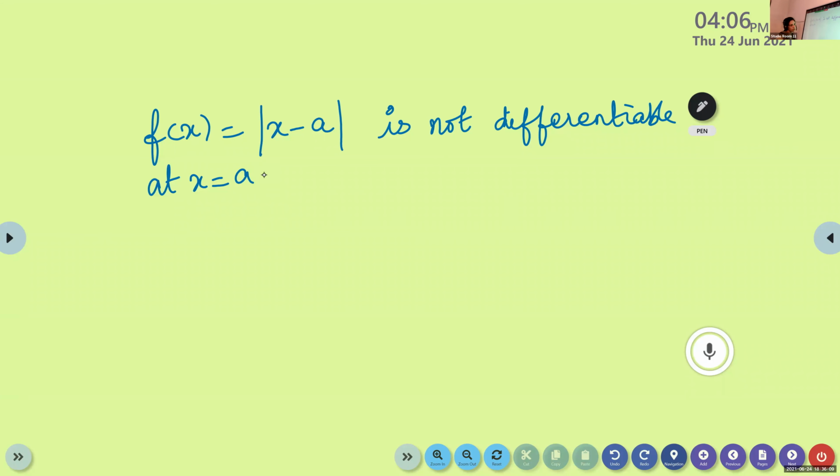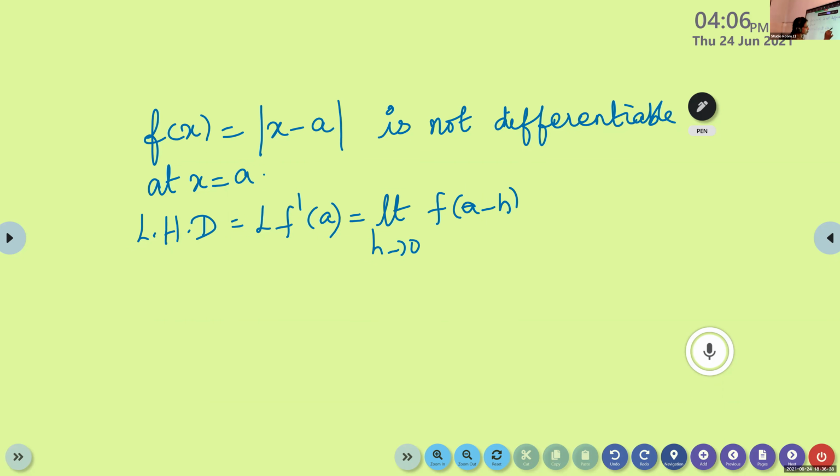Now to prove this, you find out what is left hand derivative. We can denote this as L f dash of a. What is left hand derivative? This is limit h tending to 0, f of a minus h minus f of a by minus h, isn't it?